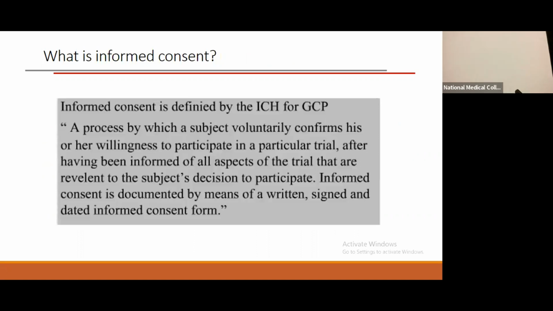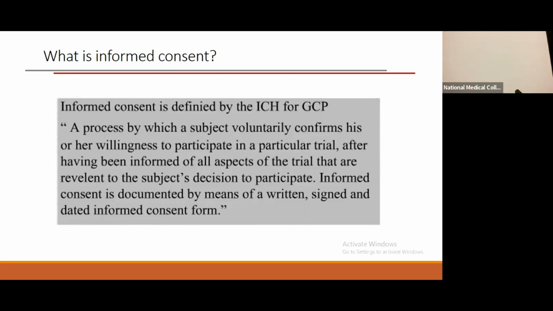In GCP, because this is the mandate of the NMC that we are supposed to tell you something about GCP and GLP, this is the definition in good clinical practice. It's basically almost the same. It's a process, not a one-time thing.